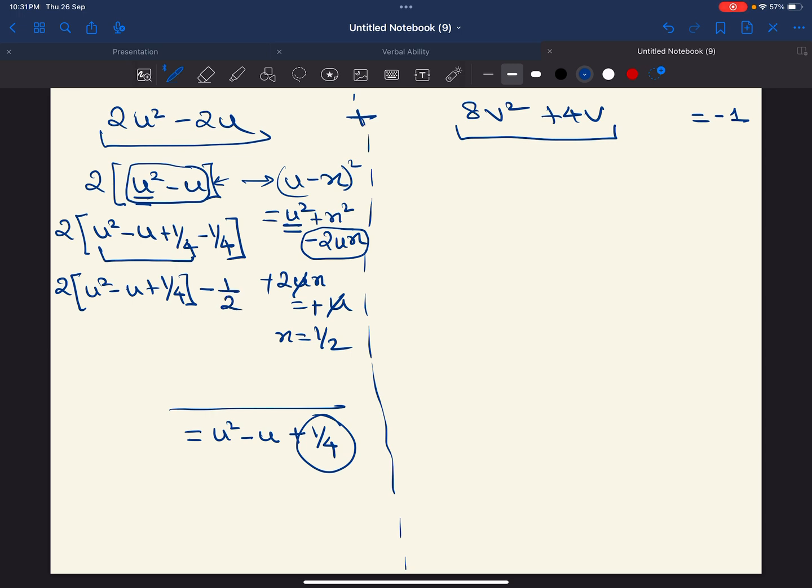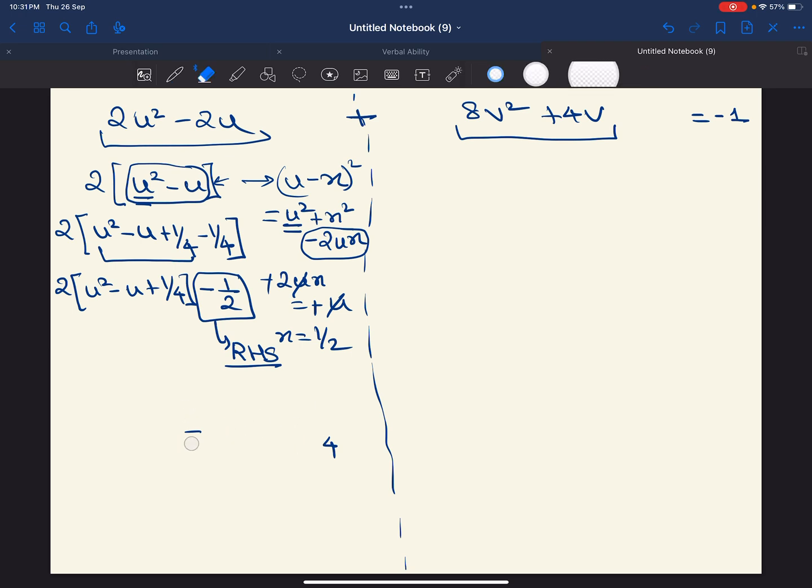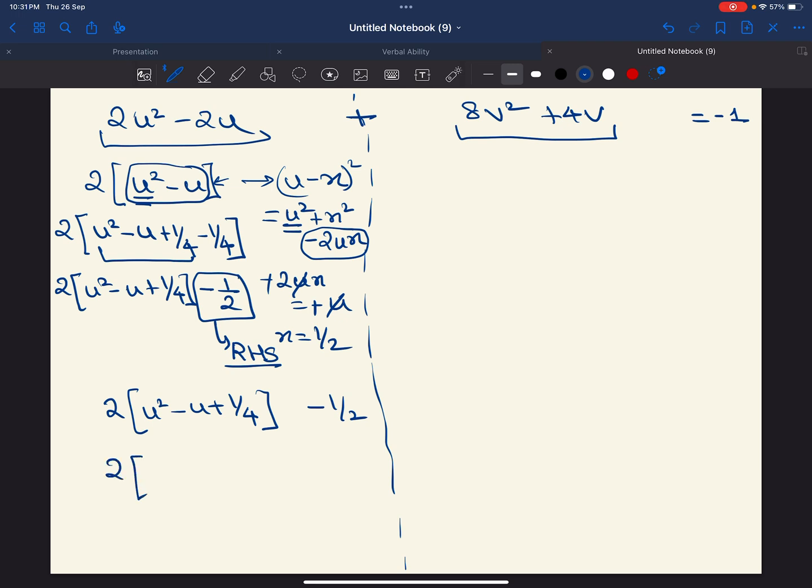Fair enough. This minus 1 by 2 will go to the right hand side. Okay, so my final equation here becomes 2 times (u minus 1 by 2) whole square.